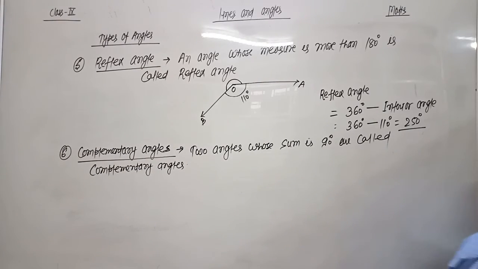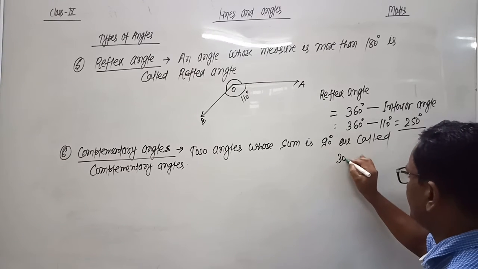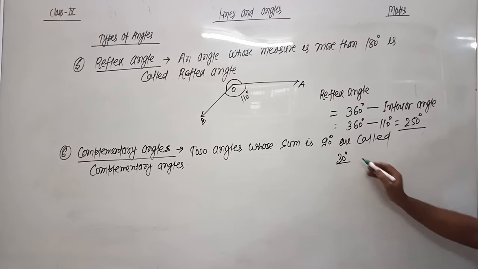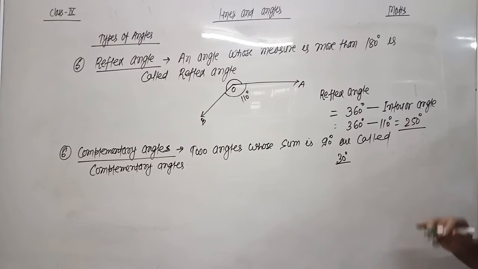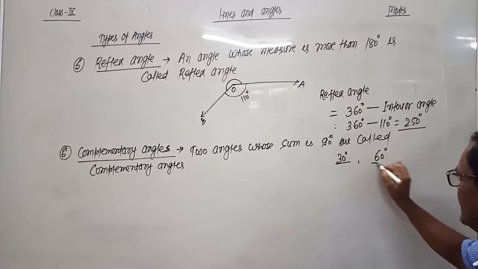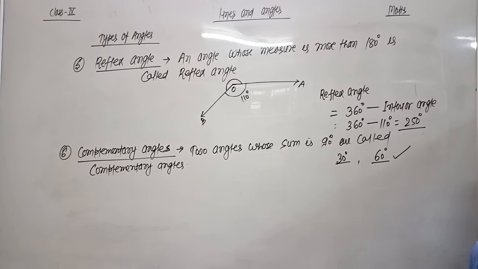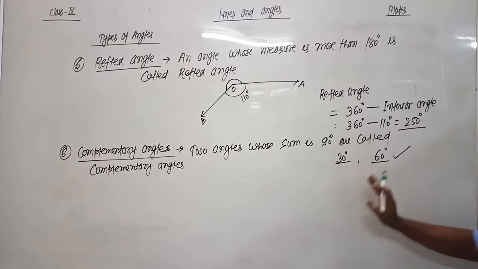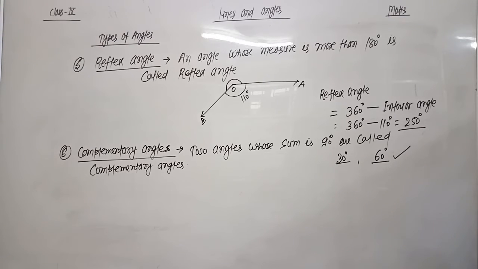Suppose you have been given one angle, 30 degree, and you have to find its complementary angle. For finding the complementary angle, we subtract the given angle from 90 degree. So 90 minus 30, 60 degree. The complementary angle is 60 degree because 30 plus 60 is 90 degree.